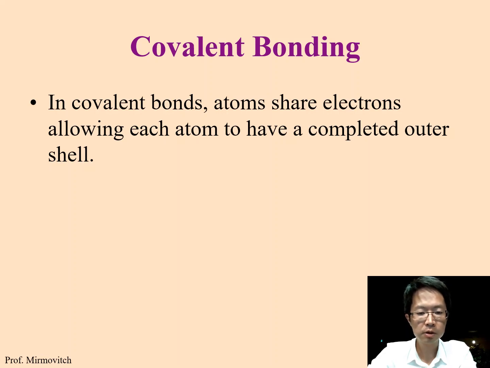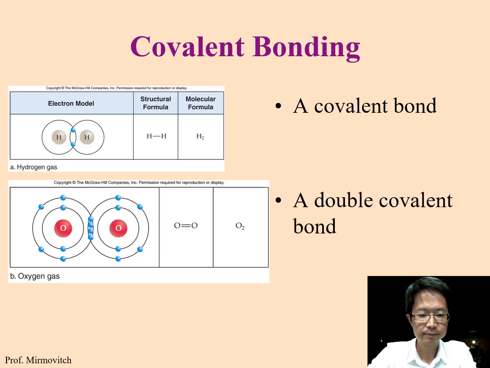Covalent bond. It's like they share electrons. So one hydrogen has one electron, and the other hydrogen has another electron.